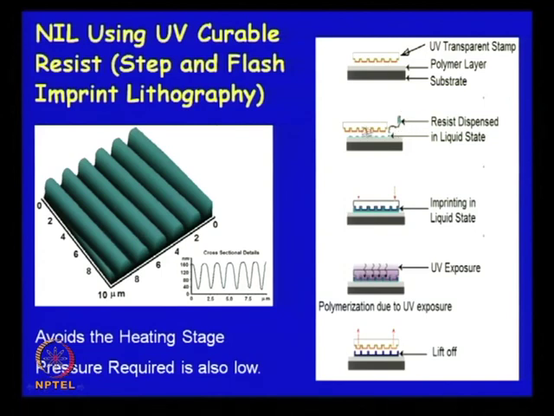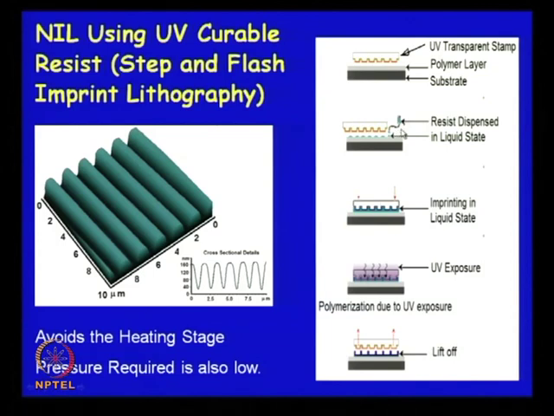So, instead of coating a film which is solid at room temperature, you dispense a liquid, which remains in the liquid state at room temperature, but the only additional property you need to ensure is that this liquid is UV curable.